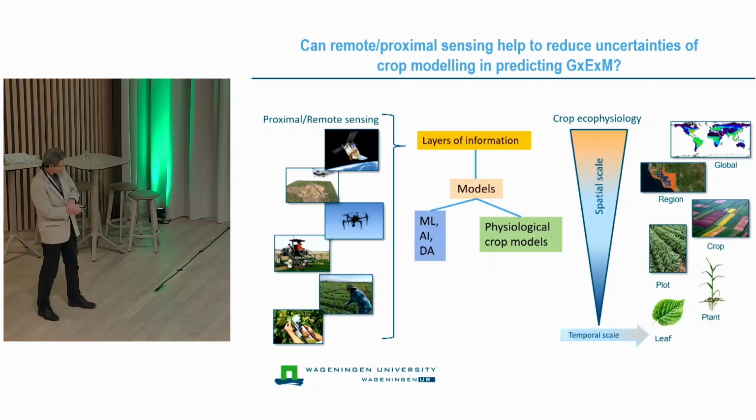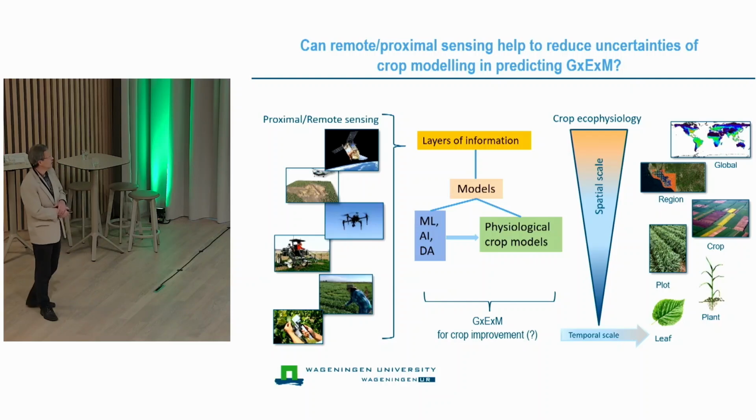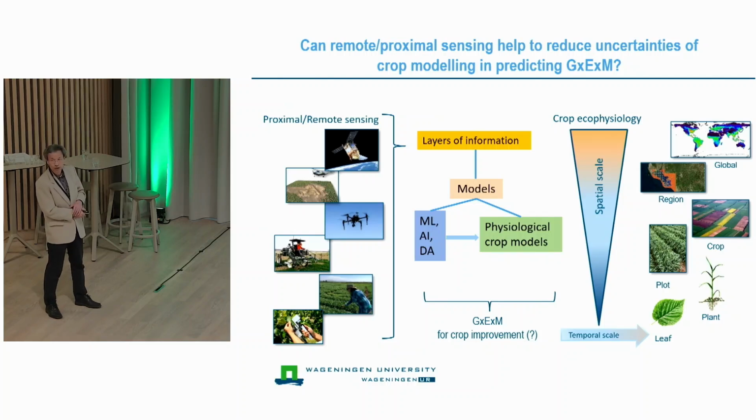And our expectation is that some data-based information could be used as input to physiological crop models so that the model can be a better tool for predicting G by E by M.